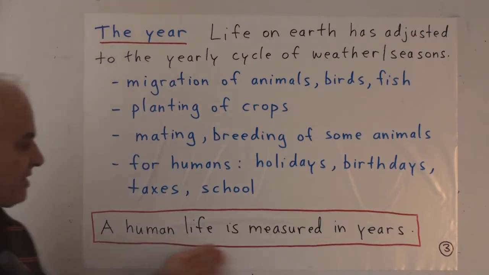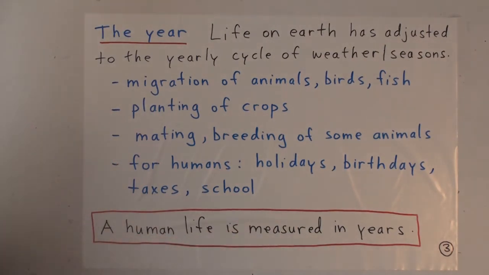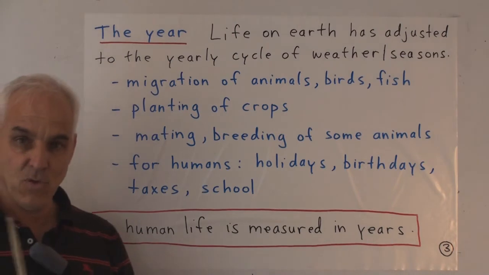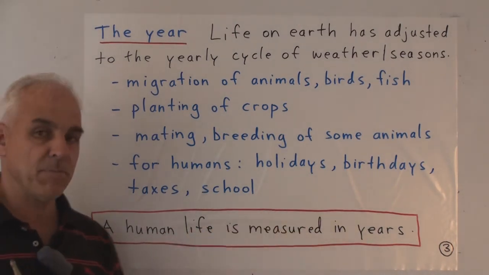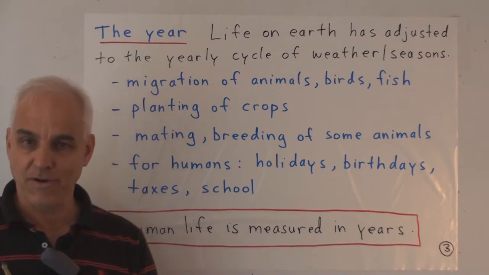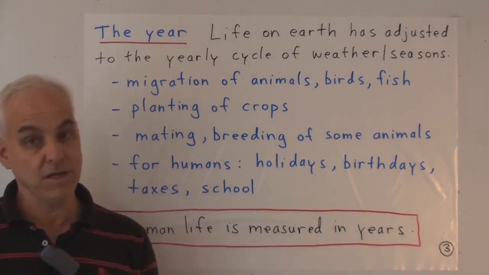So a human life is naturally measured in years. And a human life gives us a good place to get some familiarity with the numbers involved, typically from 1 to 100, when we're measuring events in a lifetime in years.